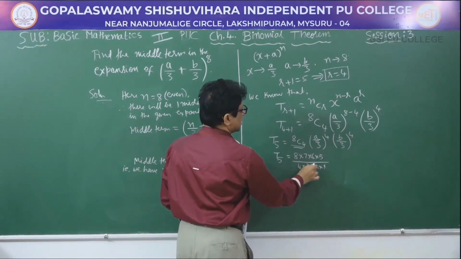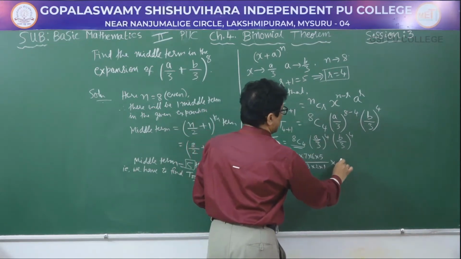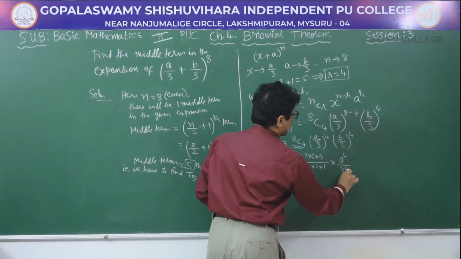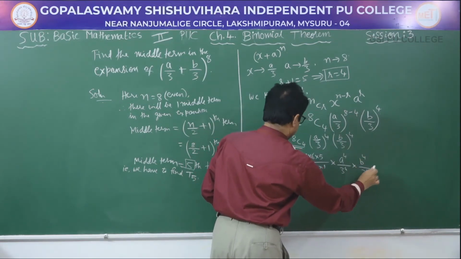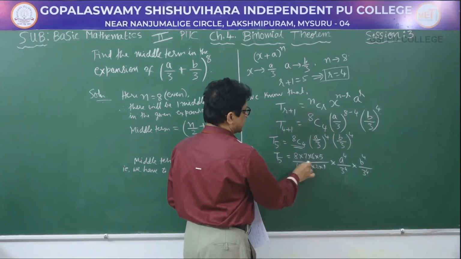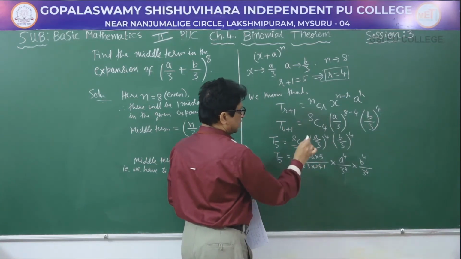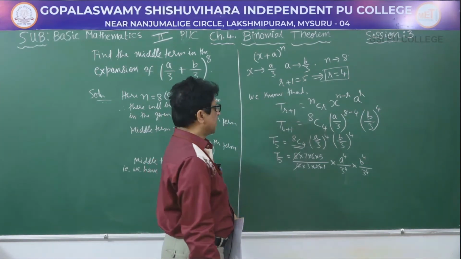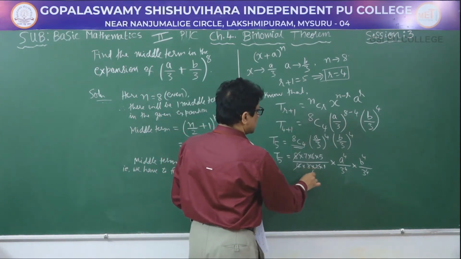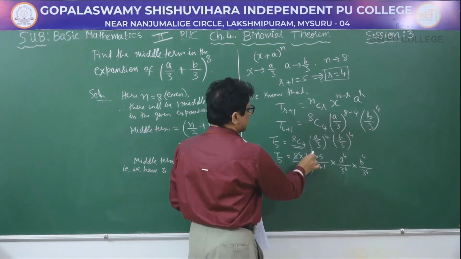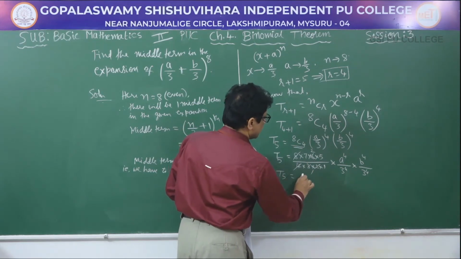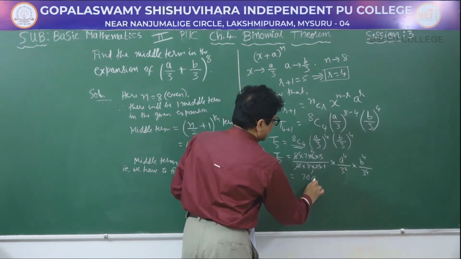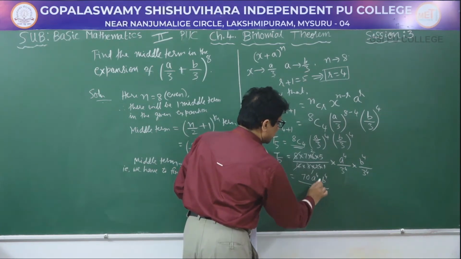So, this is nothing but 8C4 into a power 4 by 3 power 4 into b power 4 by 3 power 4. 4 2s are 8, and 8 and 8 will get cancel. 3 1s are 3, 2s are 2, 5s are 10. 10 into 7 is 70. That is 70 a power 4 b power 4 divided by 3 power 8.